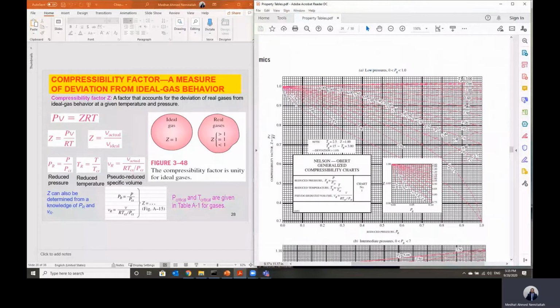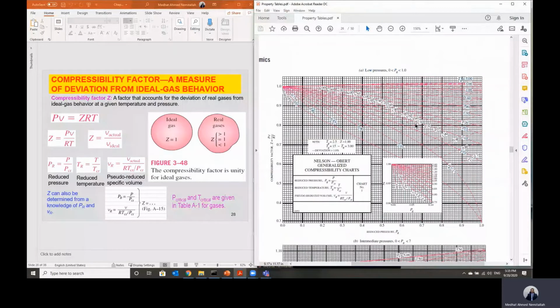Each of those lines represents a value of reduced temperature, starting from 0.8, 0.85, 0.9, 0.95, 1, 1.1, 1.15, and so on until we reach a reduced temperature equal to 5.